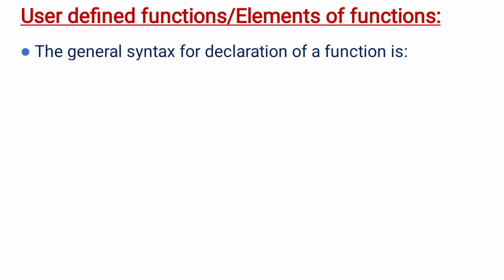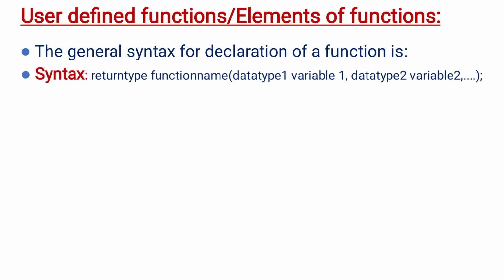The general syntax for declaration of a function is, so now we are going to see the syntax of function declaration. This is the function declaration syntax. Here in the syntax, there is return type, function name, within the parentheses, data type 1, variable 1, data type 2, variable 2, and so on.